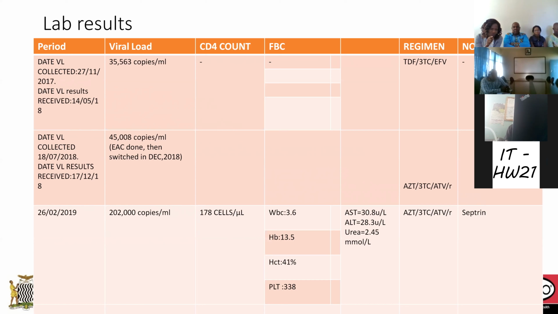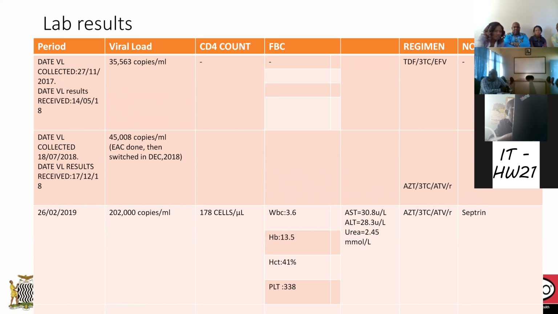So since then, we actually engaged the client into EAC, and we repeated the viral load on the 18th of July 2018. So the specimen that was collected on the 18th of July 2018, again, we received the results on the 17th of December 2018, and that translates to 5 months down the line after we collected the second viral load.